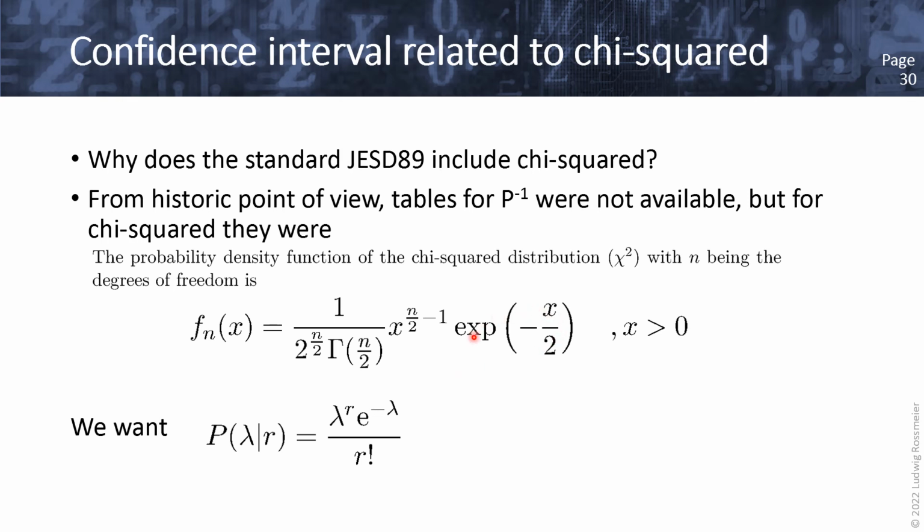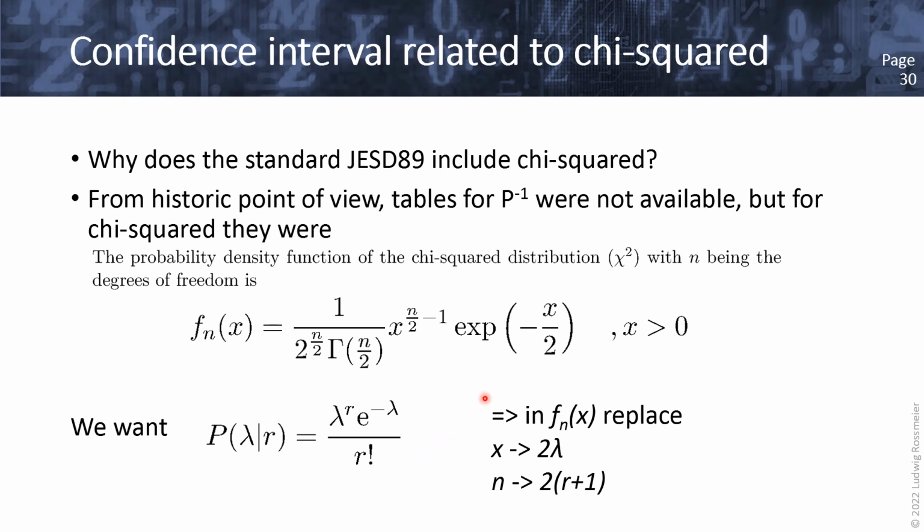There's an exponential term also here, with x taking the role of lambda, similar. We have that lambda here, which corresponds to that x. And we have here the gamma function, and here the factorial, which is also, let's say, quite similar.